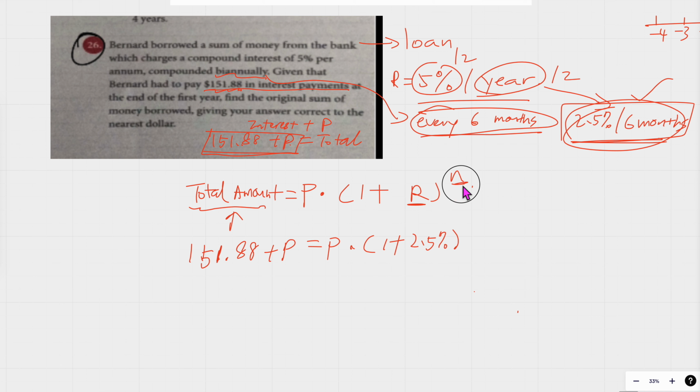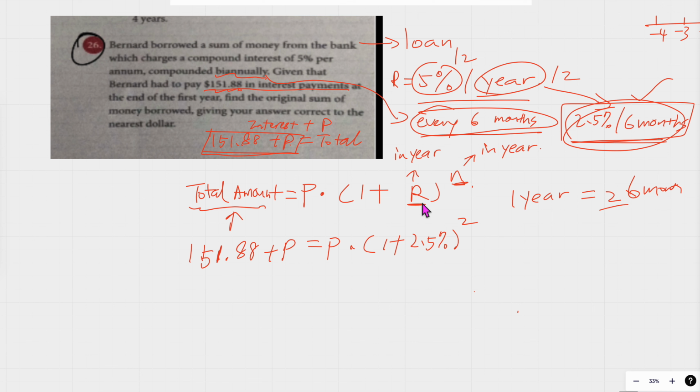So the period is 1 year. How many 6 months is 1 year? So therefore you put a 2 here. The key idea here is this: the rate in year, the period also must be in year.